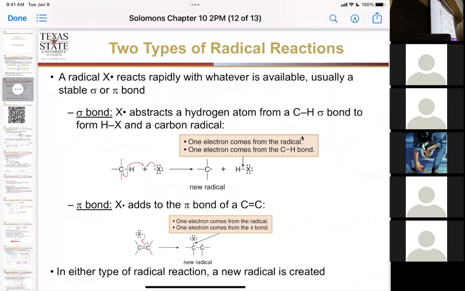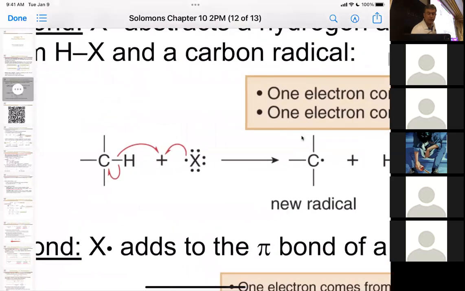A radical can do 2 things. A radical can do hydrogen abstraction, which is pulling a hydrogen off a hydrocarbon and then leaving a carbon radical. Okay, and what that would look like is this first one right here. We're going to break a sigma bond, usually between hydrogen and carbon. One of the electrons is going to go to the carbon.